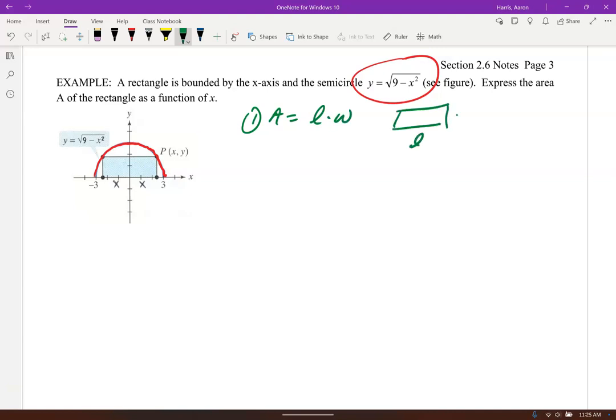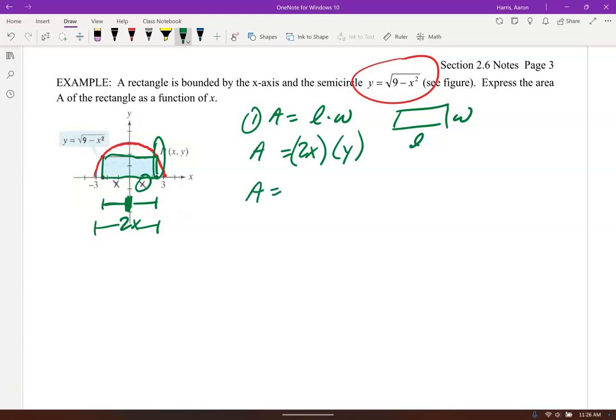So for this rectangle in green here, I'm out x amount. X amount is from here to here. Well, there's two of those x's. So x plus x is 2x total length times the width. Well, the width, the height, is the y value. So the area of the rectangle is 2xy.